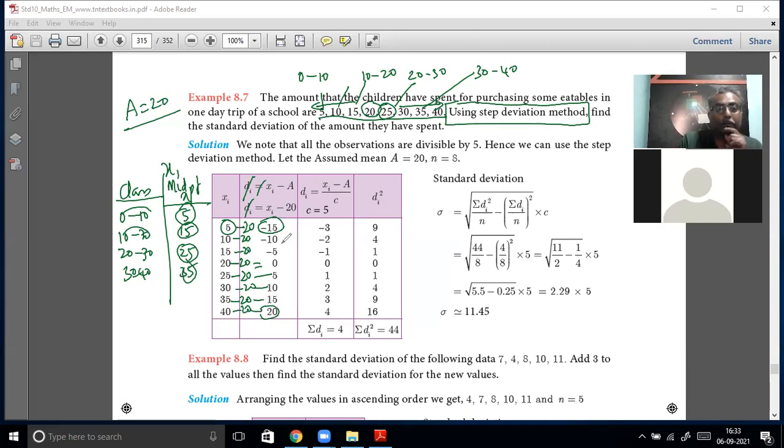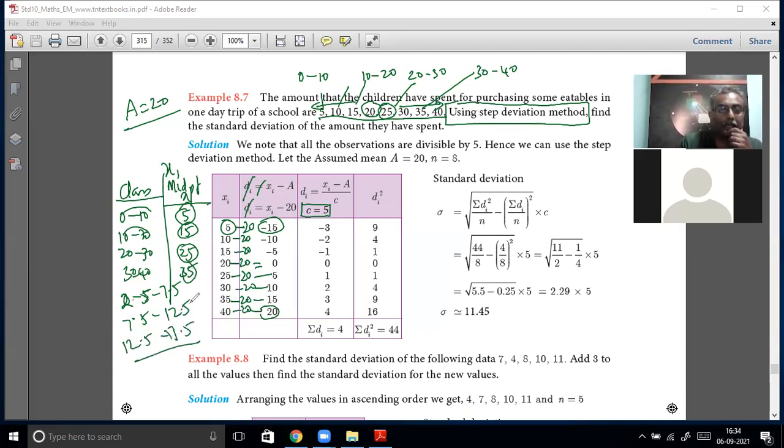What must you do instead? Instead, you must do D of I equal to x of I minus A, divided by C. Here he is assuming C is 5, the class width is 5. That means we assume the classes were 0 to 5, or 2.5 to 7.5, 7.5 to 12.5, and 12.5 to 17.5, like that.